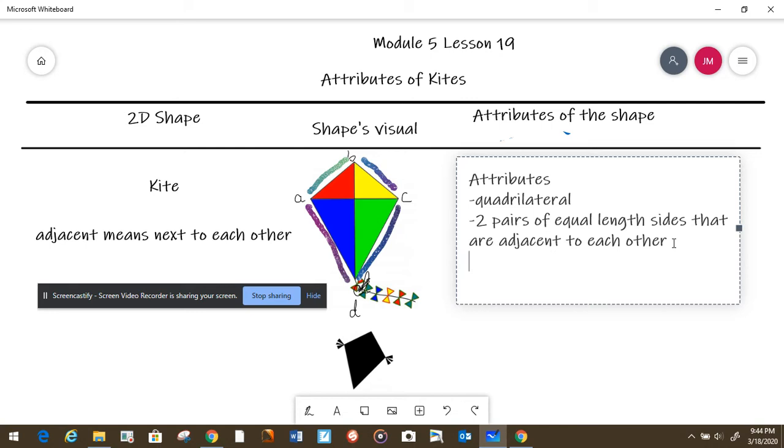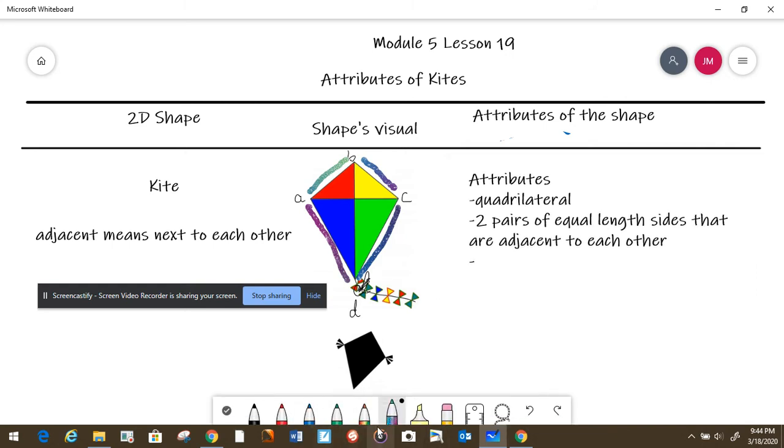Again, let's review a couple of the attributes. Does it have four sides? Yes, it's a quadrilateral. Does it have four angles? Yes, it has four angles. So that's obvious. Are the angles the same? Let's check the angles here. Is that an obtuse angle?